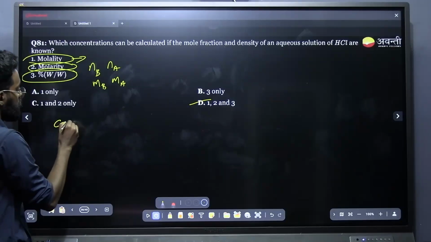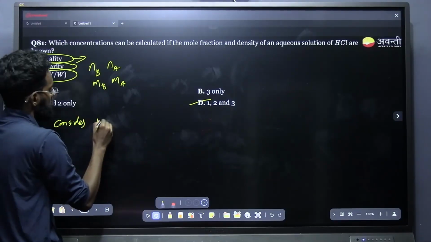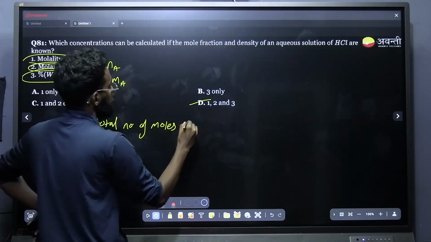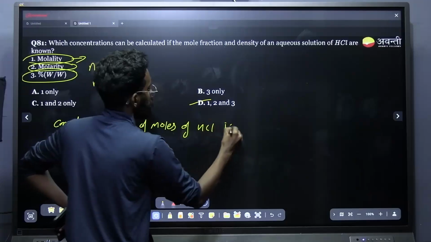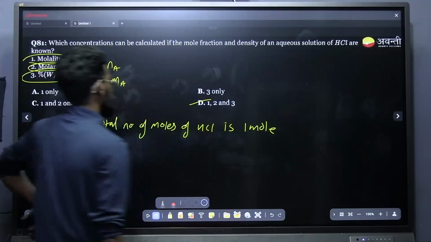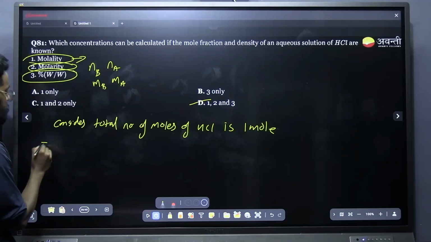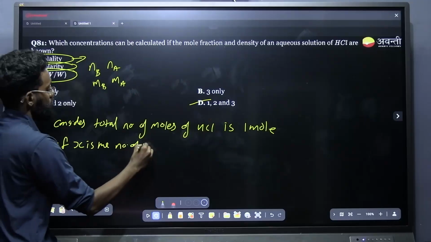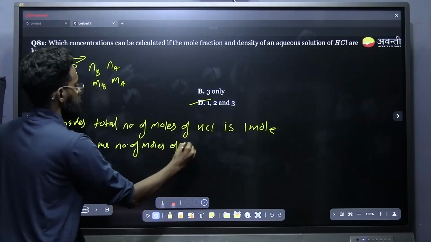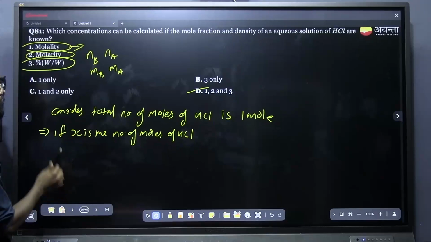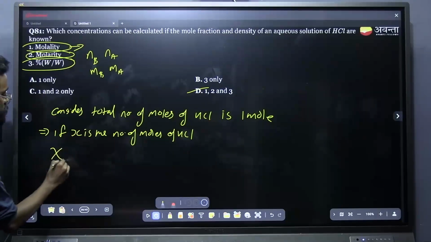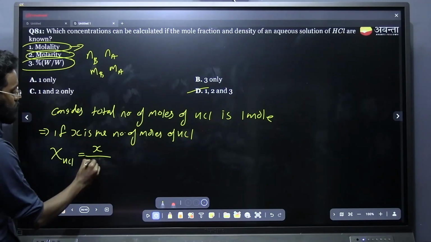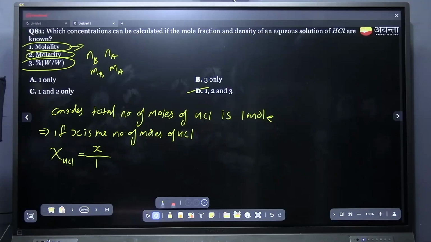Consider the total number of moles is 1 mole, and if X is the number of moles of HCl, according to the mole fraction, what is the mole fraction of HCl? X divided by 1, right? Mole fraction of HCl is X divided by 1.